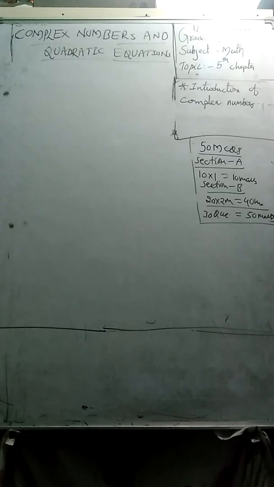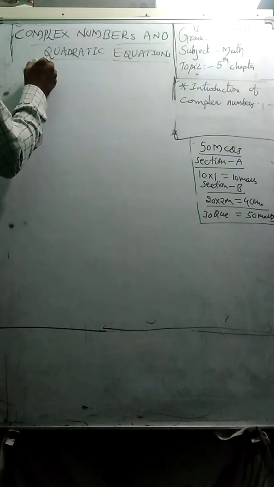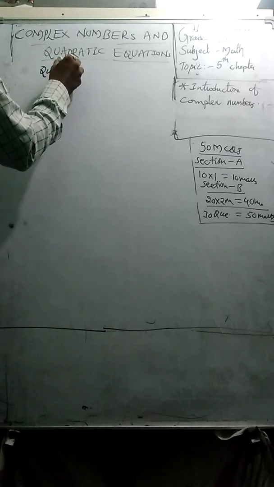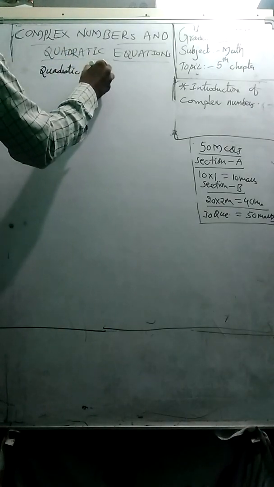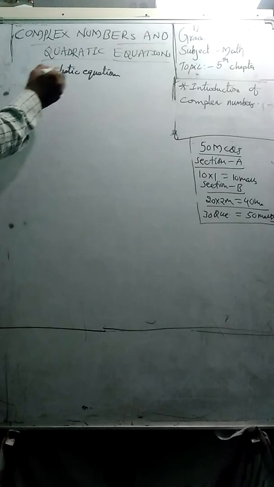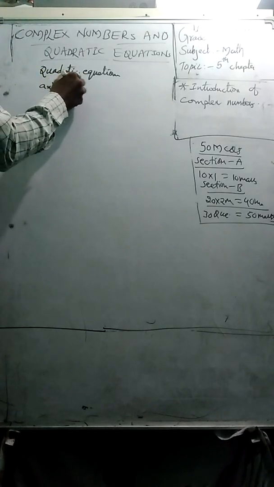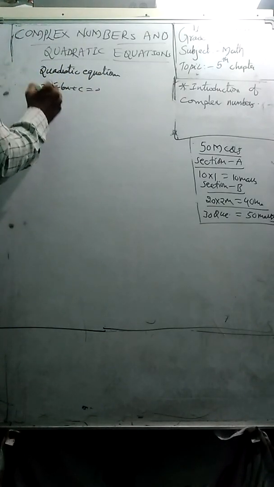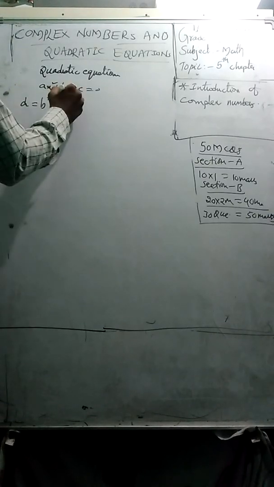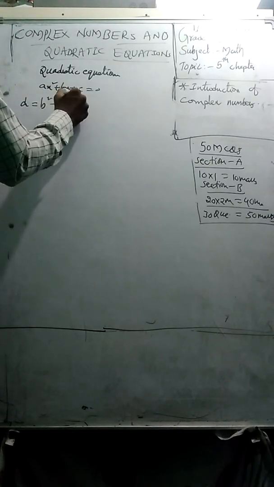Please recollect the knowledge you learned up to 10th class about number systems: real numbers, rational numbers, irrational numbers. You have learned all these. And while doing problems on quadratic equations in 10th, you know about the D value, b square minus 4ac.